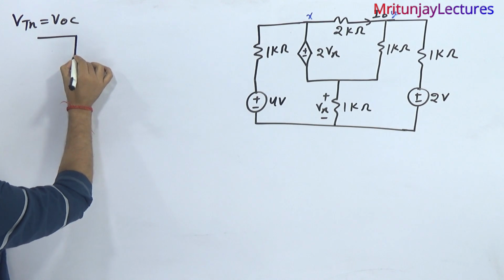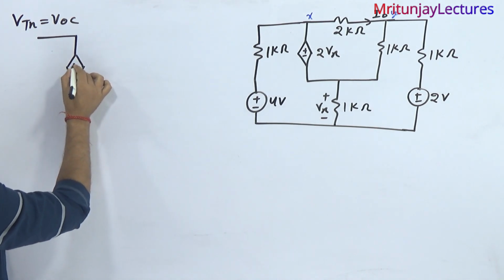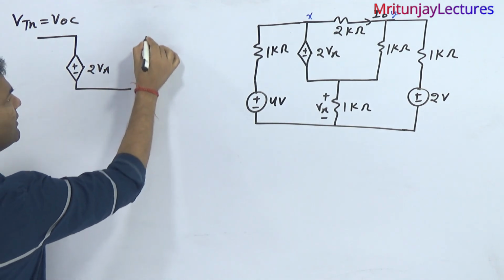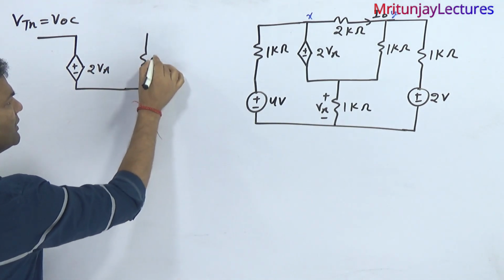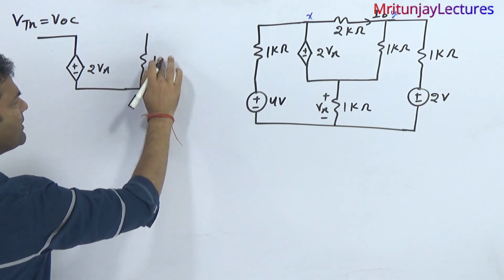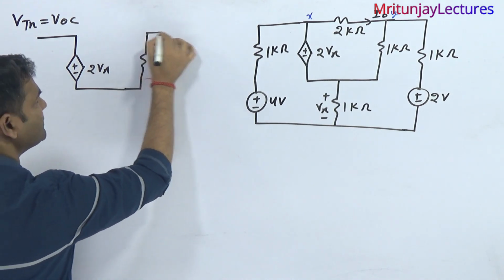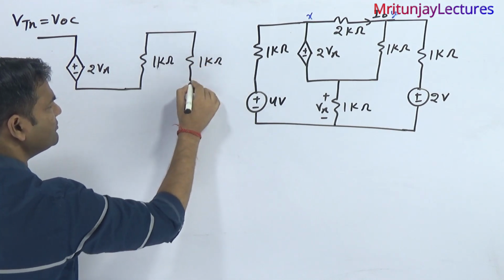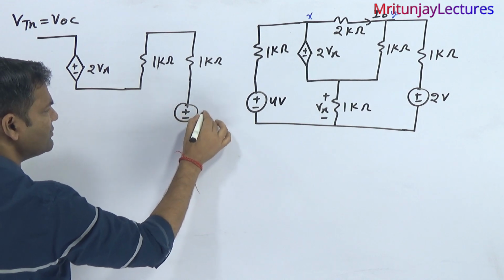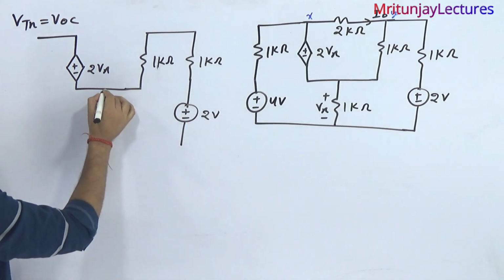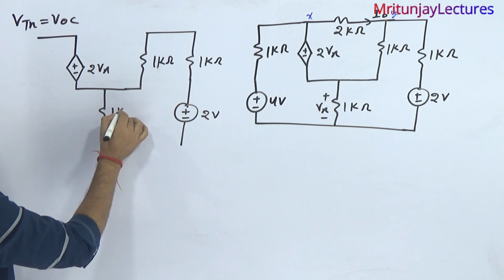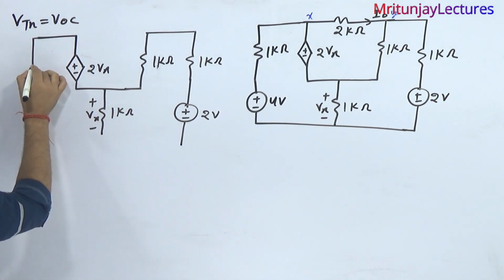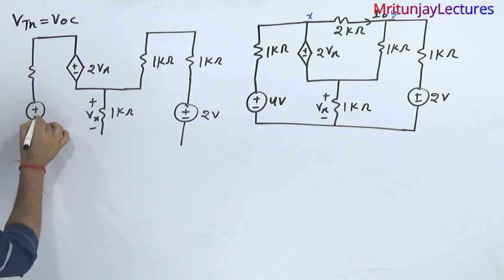If you make the circuit, it has a plus minus source of 2Vx, here 1 kilo ohm, 1 kilo ohm, here again 1 kilo ohm, and that is a plus minus 2 volt source, and here 1 kilo ohm with plus minus Vx, and here 1 kilo ohm, and that is a plus minus 4 volt source.